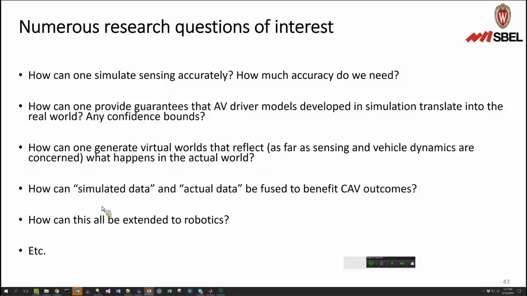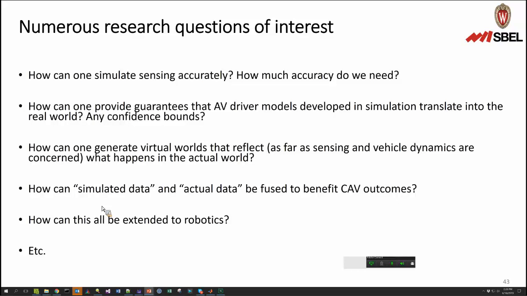For instance, one research question that is extremely important: how can one simulate senses accurately? We're looking into that. How much accuracy do we need? If you develop a driver model in general, how do we know that it's going to work in the real world?